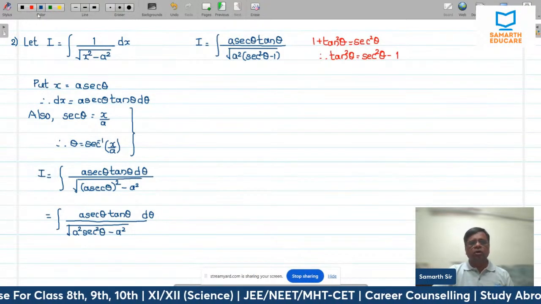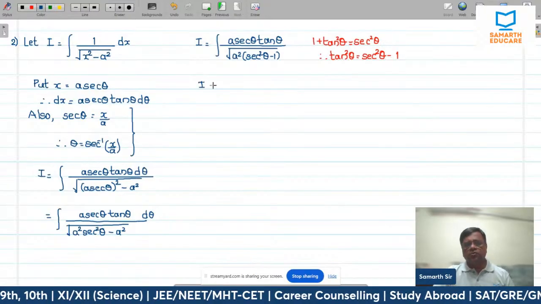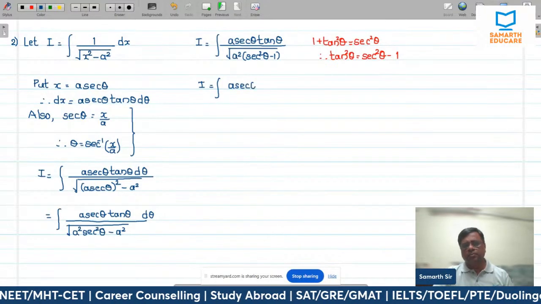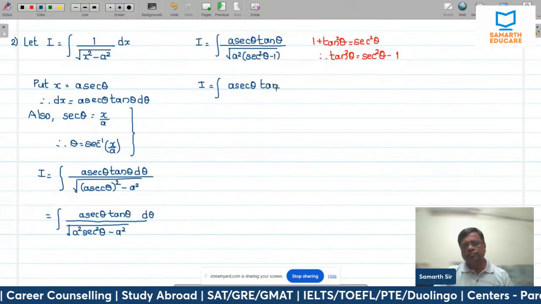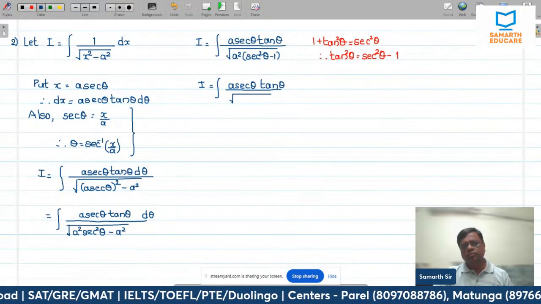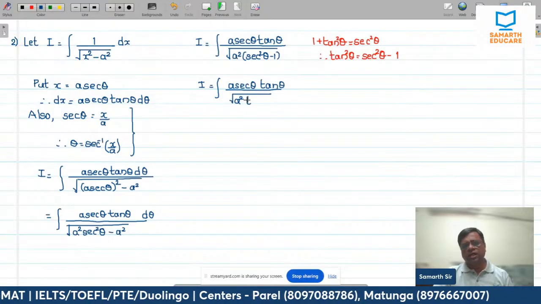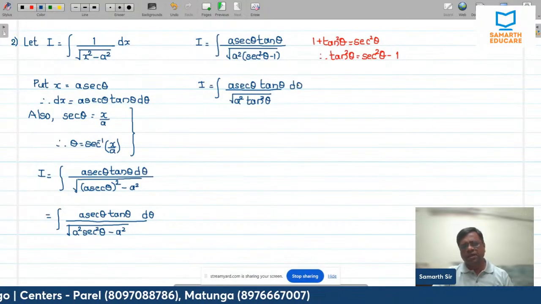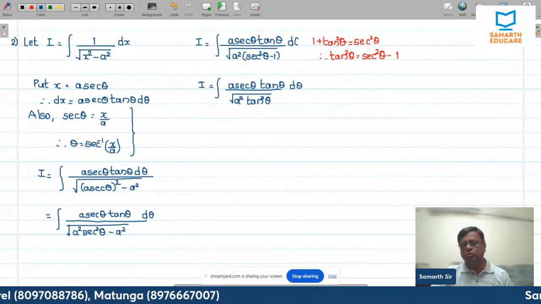Now, I is equal to integration a sec theta tan theta divided by under root a square tan square theta, right, d theta. I forgot to write here also.